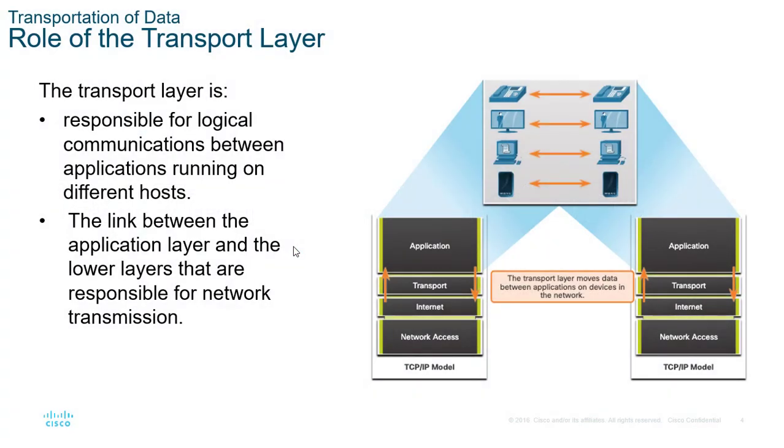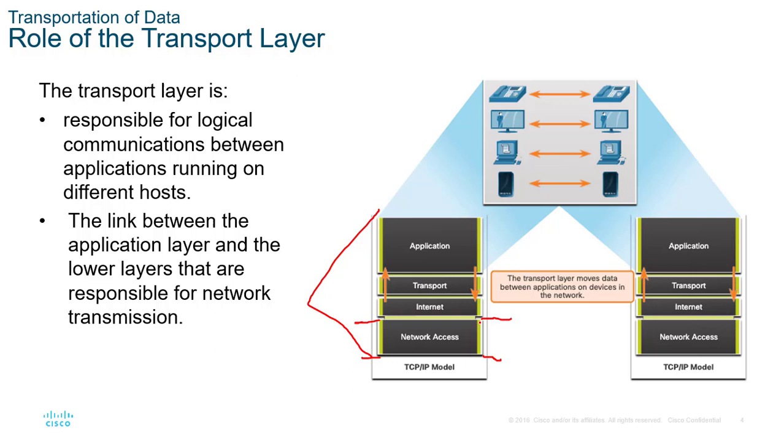The transport layer is responsible for logical communications between applications running on different hosts. It's the link between the application layer and the lower layers that are responsible for passing data across the network. The TCP/IP stack is a four-layer model of communication, built on the network access layer that is responsible for all of the OSI model characteristics of the physical layer and the data link layer.